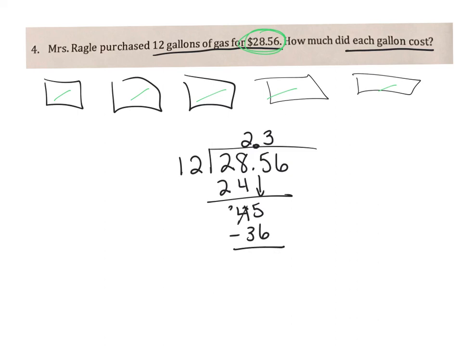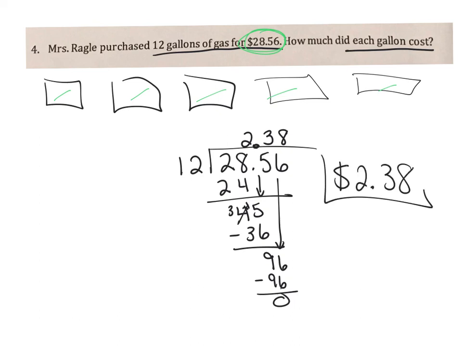You're going to have to borrow, make this 3, 15, goes in there 9, drop the 6. 12 will go into 96 8 times exactly. So the cost for each gallon would be $2.38.